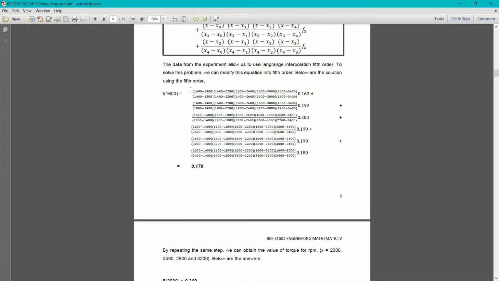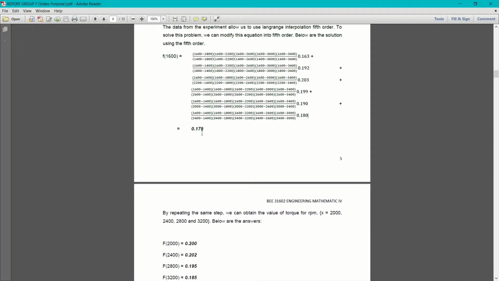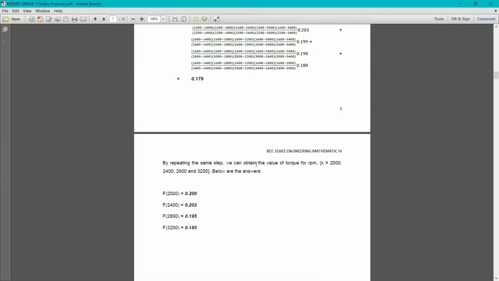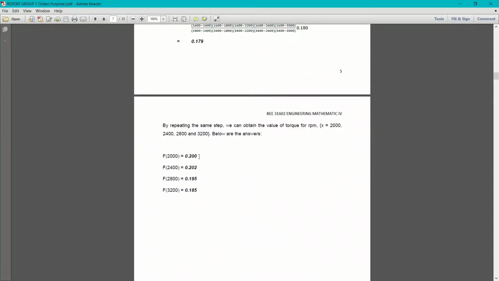This is the solution. Then we will get the answer 0.179. To find the torque at different rpm, we just use the same steps and we will get the answers, and these are all the answers.